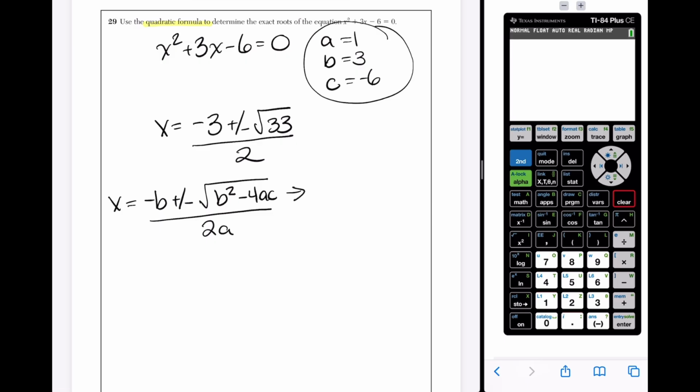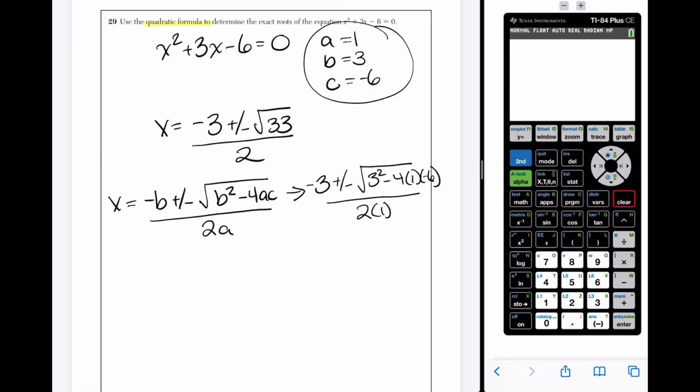So I end up with negative 3, because my b is a positive 3, so negative 3 plus or minus the square root of 3 squared minus 4 times 1 times negative 6, over 2 times 1.